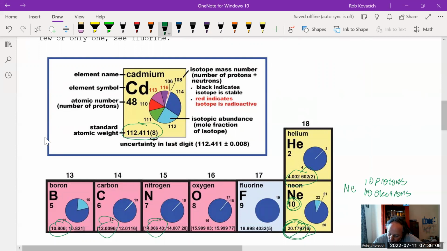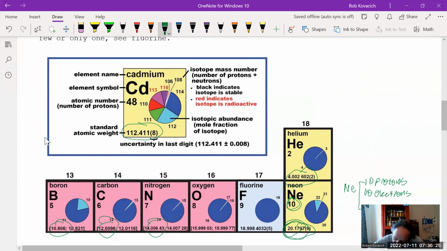Okay. So why is it not 20? If this is 10 and that is 10, how come it's 20.1796, and the parentheses 6 means we think it's 6? That's the variation. We're not 100% sure about that 6 part, but we're pretty close. So why is it like that?